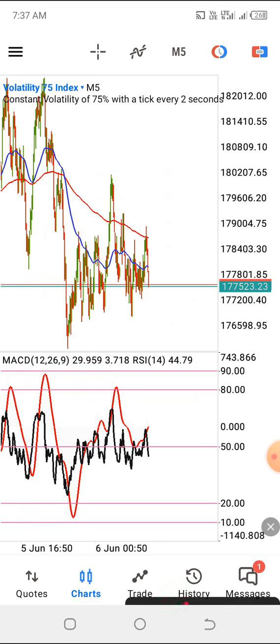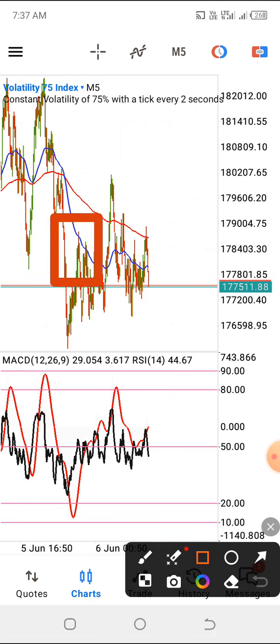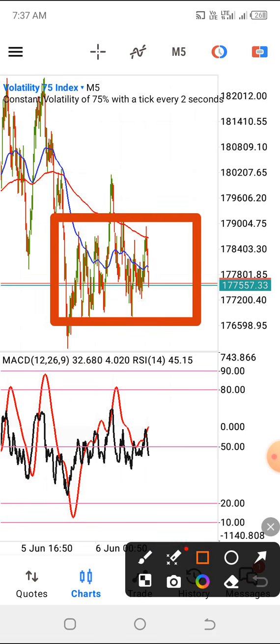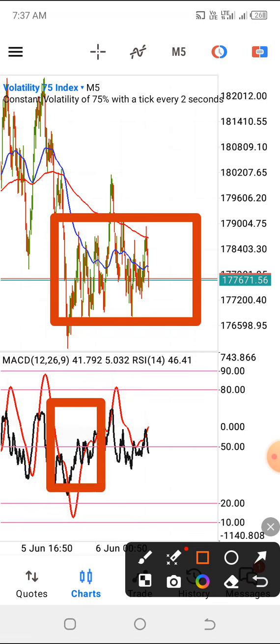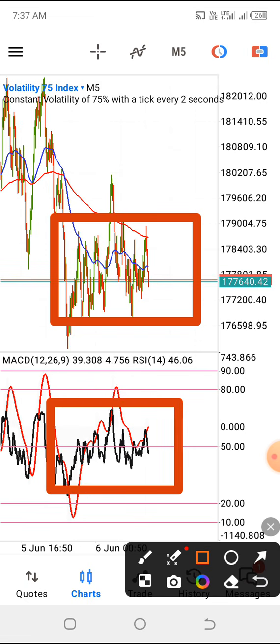You will notice that right before this, the market is something like this. And when you see that right here, you will notice that the market is also in the same shape, meaning that this market doesn't have a direct movement. You cannot say that this market is uptrend.